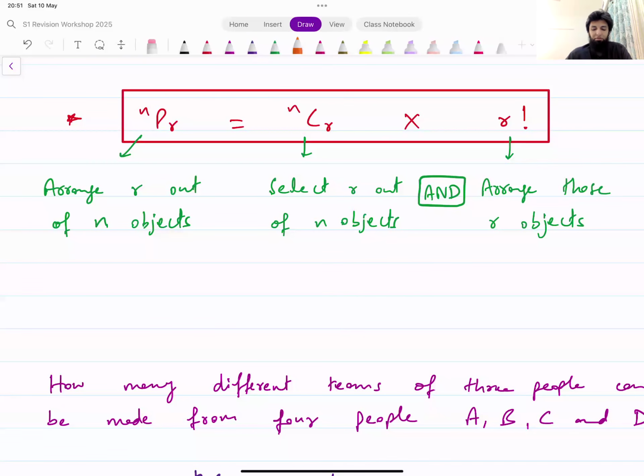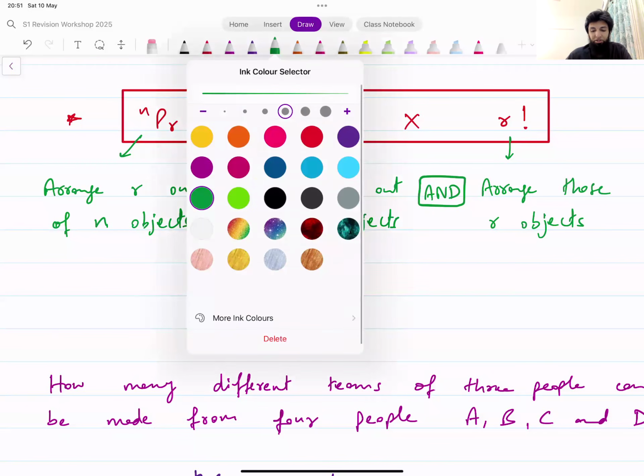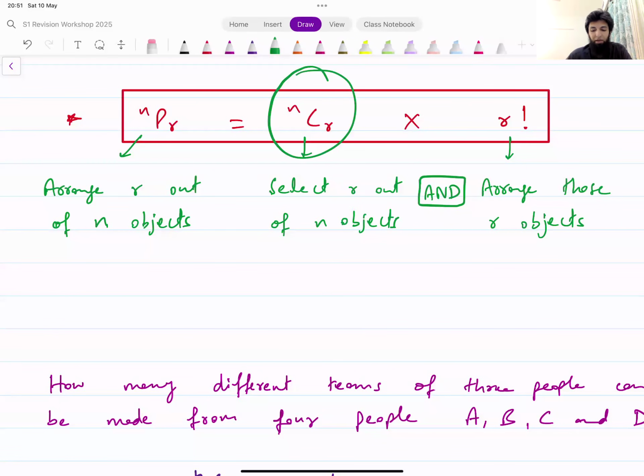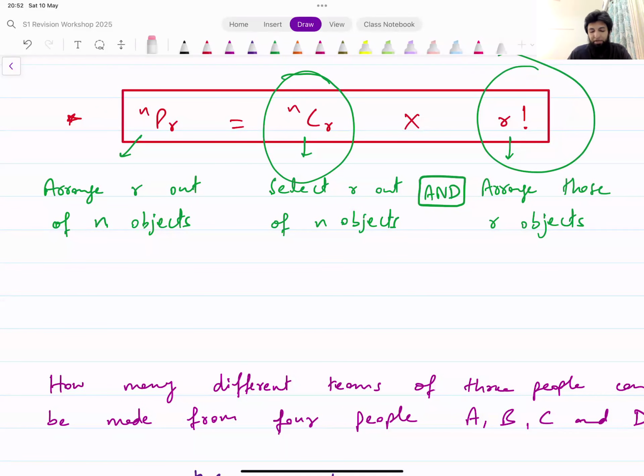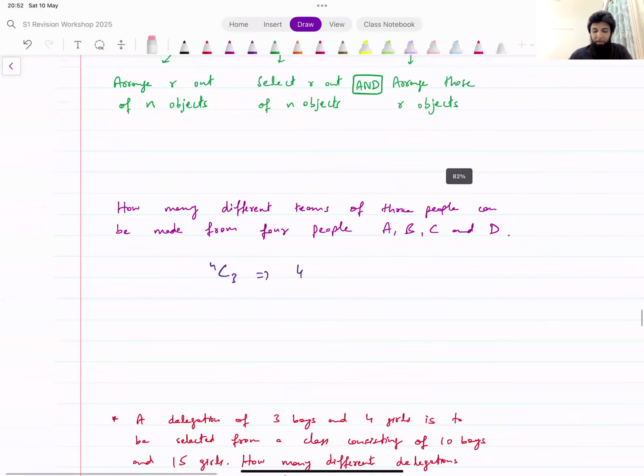Now, if there's some condition on selection, you first have to apply combinations to select, applying those conditions. And then if you had to arrange those selected people, you would do arrangement separately. So sometimes it's an arrangement problem and you have to do combination first of all, and then do arrangement afterwards because of that extra condition that might be there. I'll show you some examples of that.